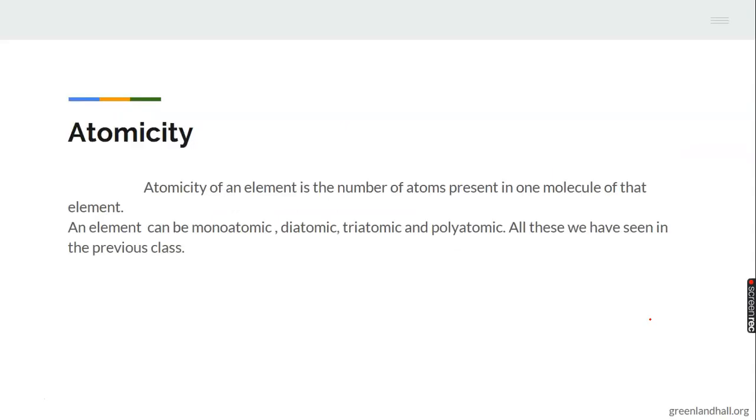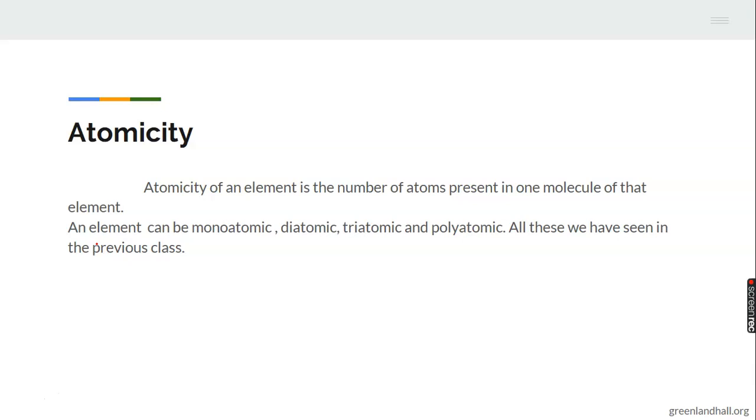Okay, atomicity of an element is the number of atoms present in 1 mole of that element. We did it like 2 classes before now, and the usefulness of this is to bring back what we've done and to do calculations on it. We are not just doing the theoretical part.